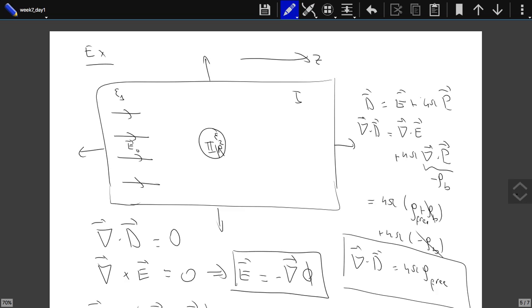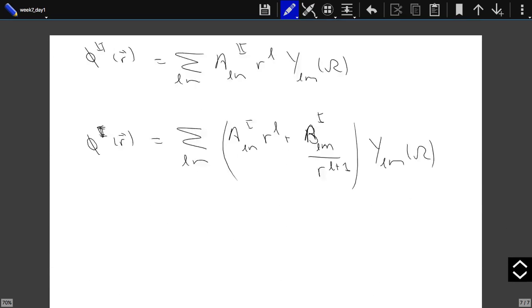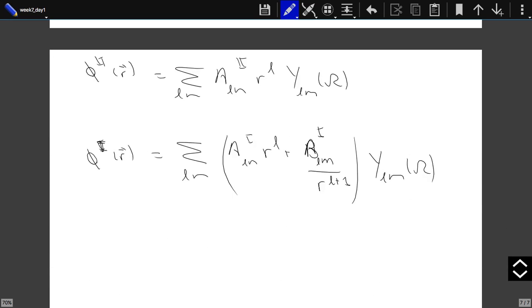Now I will do one more trick. Let's go back to our problem. Now, if I rotate my system around the z-axis, does anything change? Nothing changes if I rotate my system around the z-axis. But if I rotate my system around the z-axis, the phi coordinates of different points change.